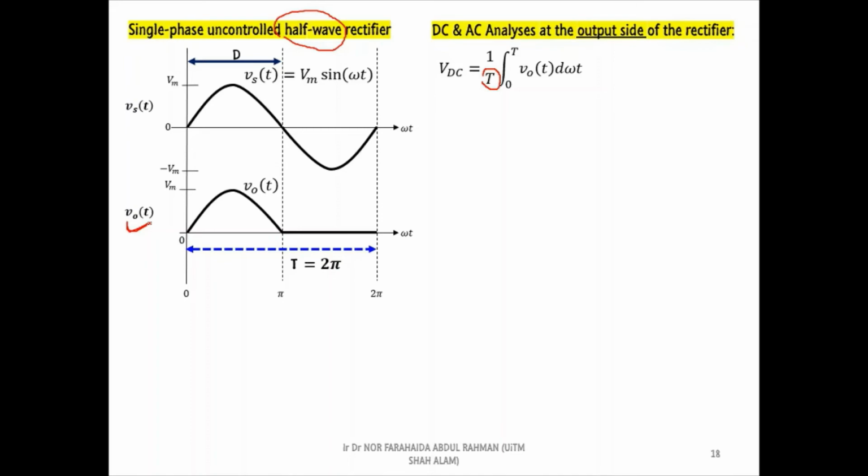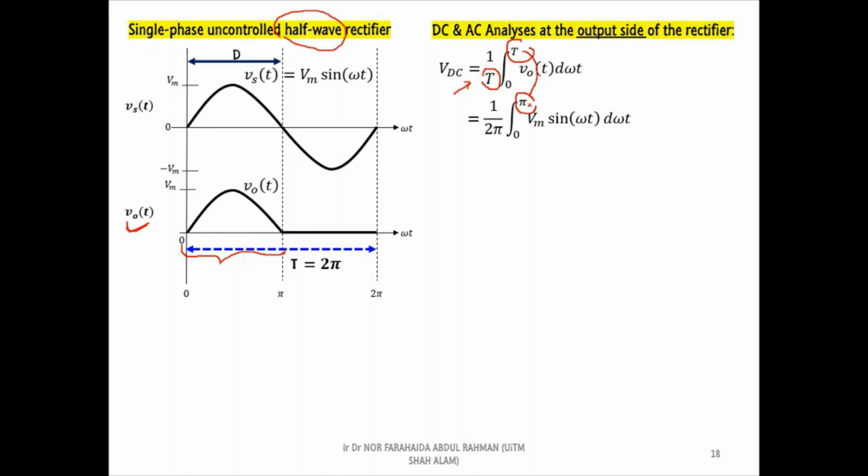Hence, we can rewrite the general equation by replacing the T with 2 pi. However, since the area under the graph can be calculated between 0 until pi, this T should equal to pi only.